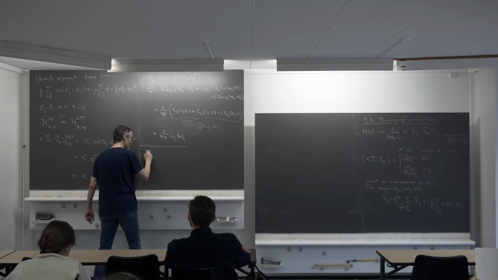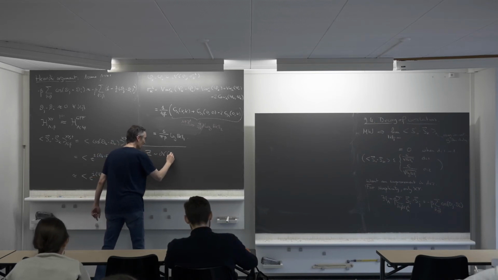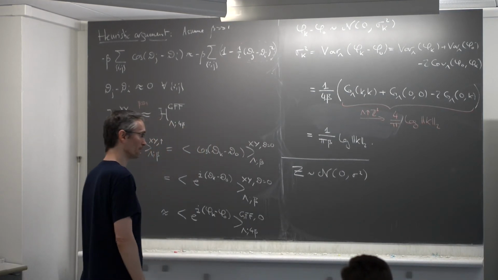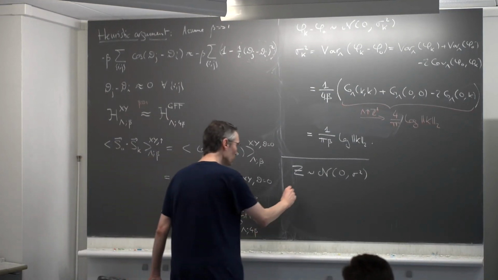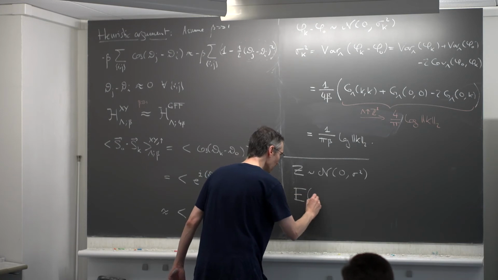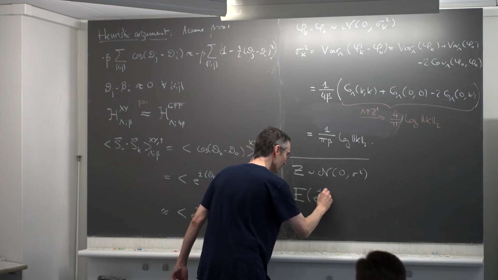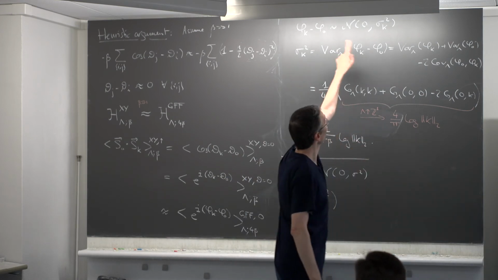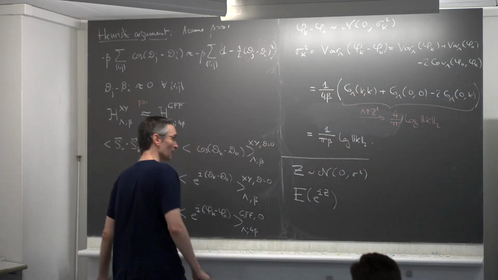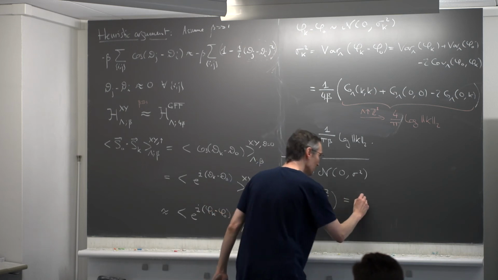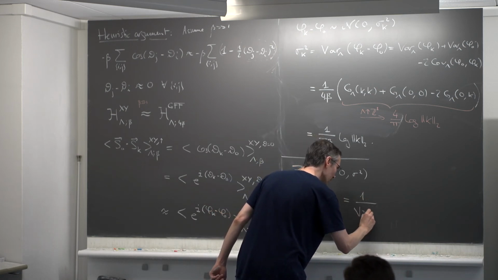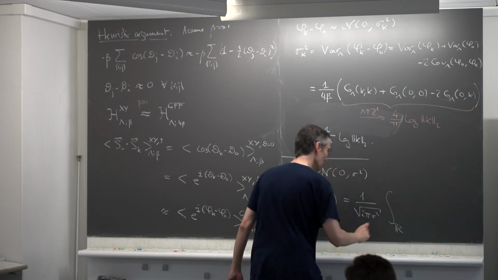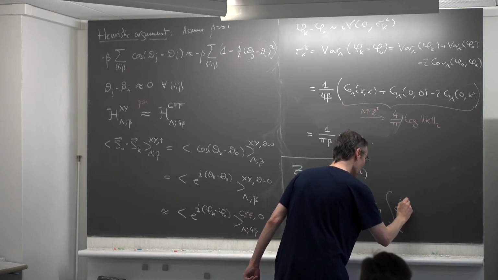So let's take Z, a normal random variable with mean 0 and variance sigma squared. And we want to compute the expected value of e^{iZ}, which is exactly what we want to compute here for this particular random variable. So this, by definition, is 1 over square root of 2 pi sigma squared, integral over R of e^{ix} e^{-x^2/(2 sigma^2)} dx.